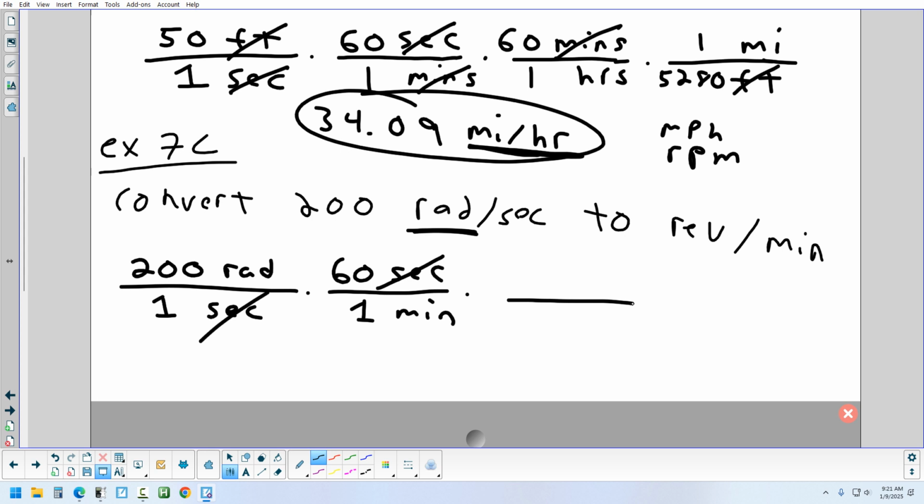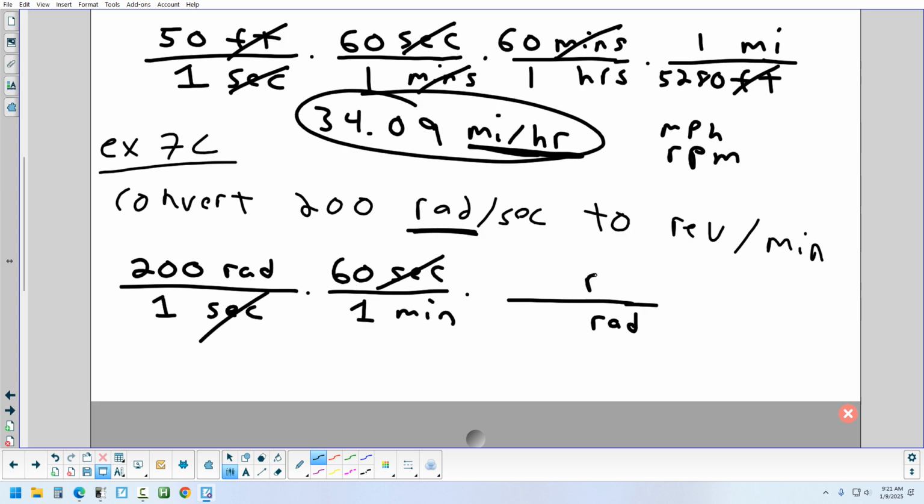The next step, we want to convert radians to revolutions. Even if you don't know the numbers, you should be able to tell me where radians is going to go. Okay. Is radians going to go in the top or the bottom? Yes, it has to go in the bottom because we want it to cancel. And what's the unit we're trying to convert to?